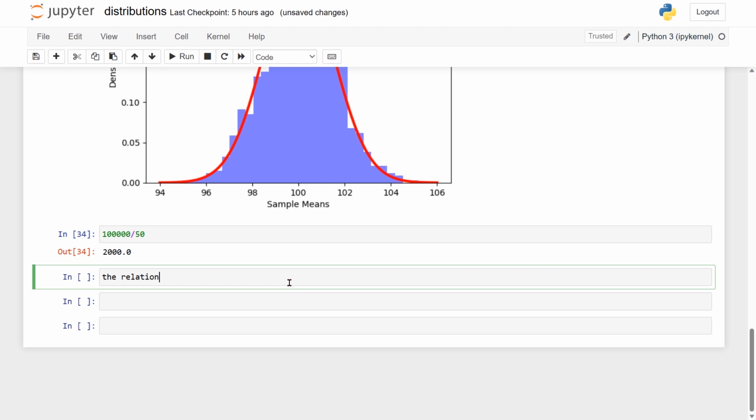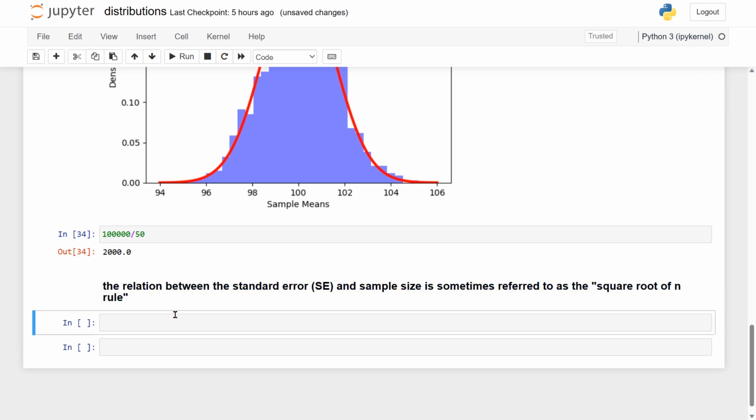The relation between the standard error, that's called SE, and sample size is sometimes referred to as the square root of n rule.